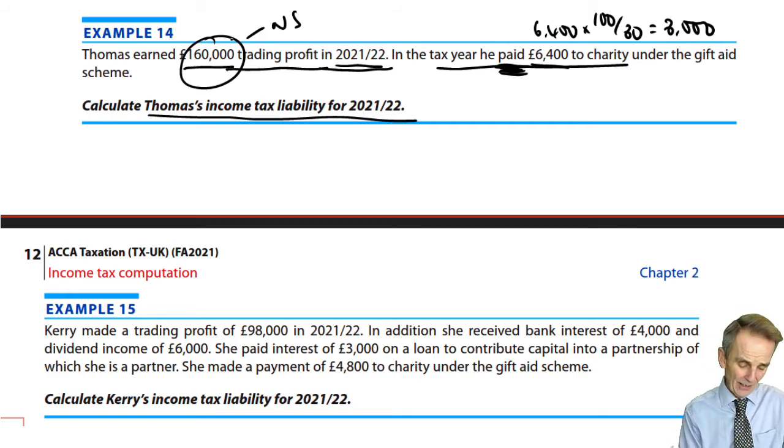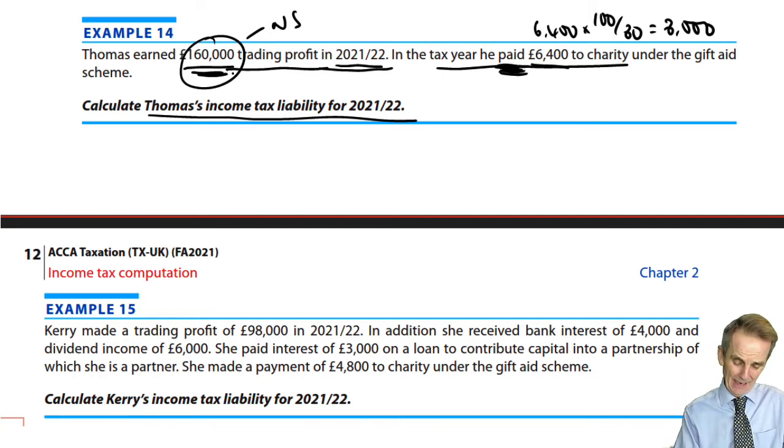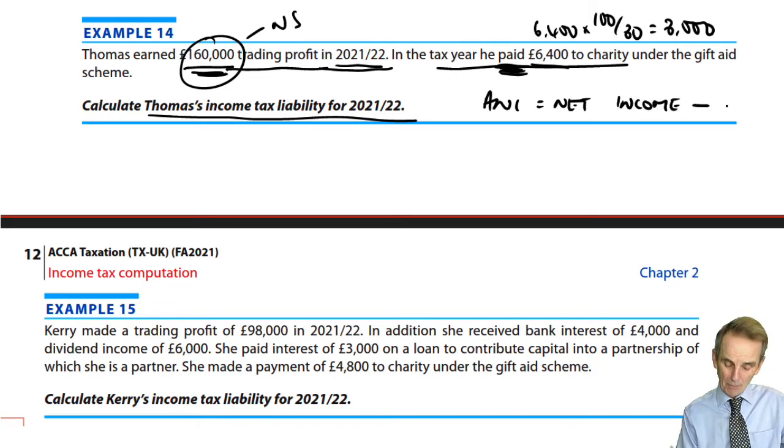Now be careful. I've said that figure, £160,000, is a figure that is substantially bigger than the limit relevant for getting your full personal allowance, or indeed any personal allowance. What we have, though, is that adjusted net income equals your net income minus, and it's minus, of course, here, the gross gift aid payment of £8,000.